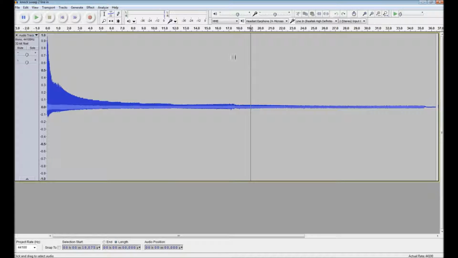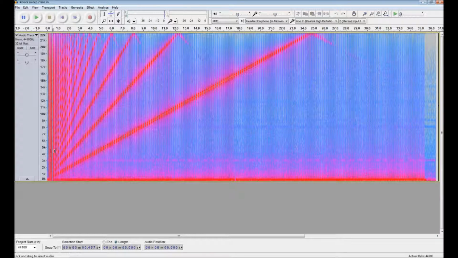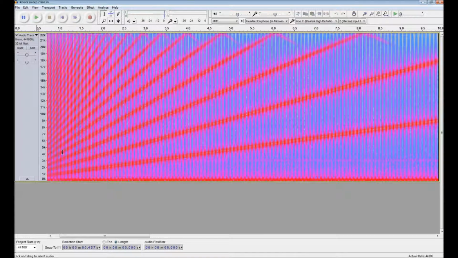So if we zoom out and change to spectrum, you can see what I mean by high intensity in the lower frequency bands. So if we say 2K, we are here, we have a reflection at 4, we have a reflection at 6, 8, and so on. If we choose another band, we say at 4K, we have a reflection at 6, 8, 10, 12, and so on and so on.